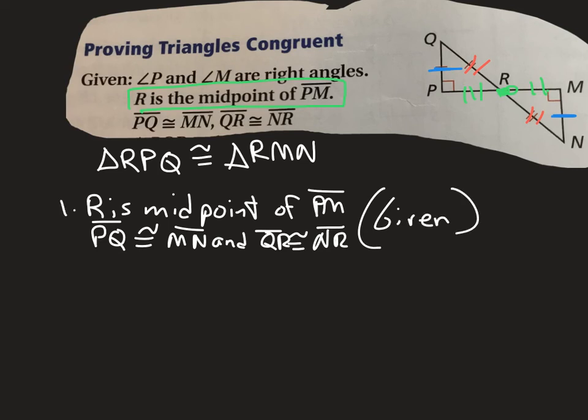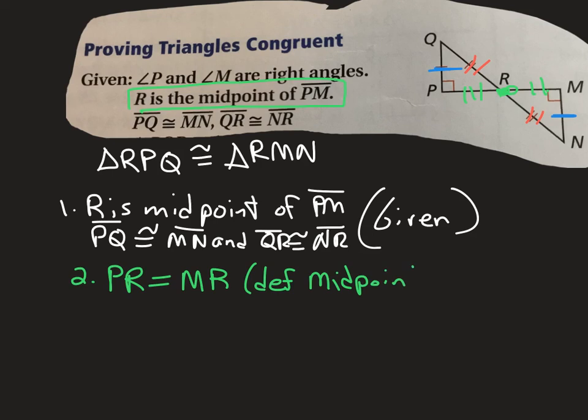So all we need to do is take the midpoint information and explain why the PR has to be congruent to MR. So the fact that R is the midpoint of PM, we can conclude that PR, the distance, is equal to MR. That's the definition of a midpoint.